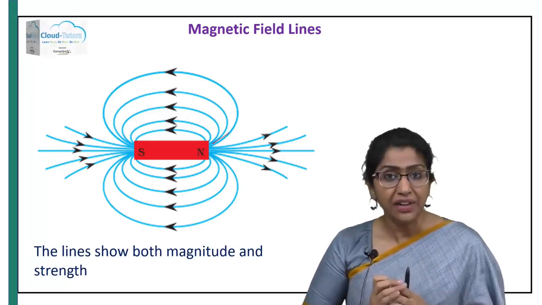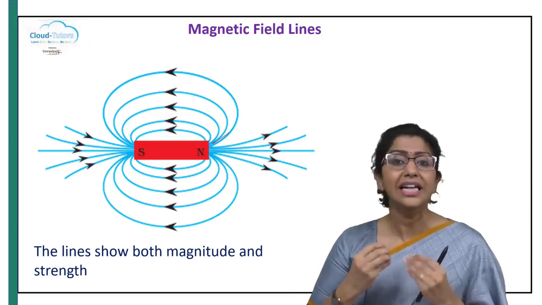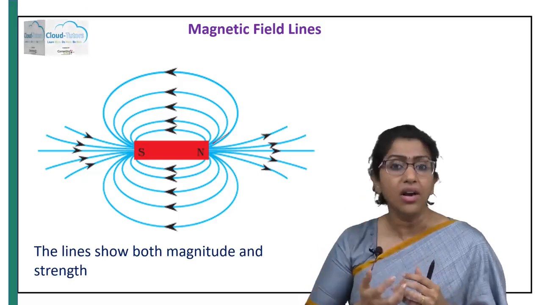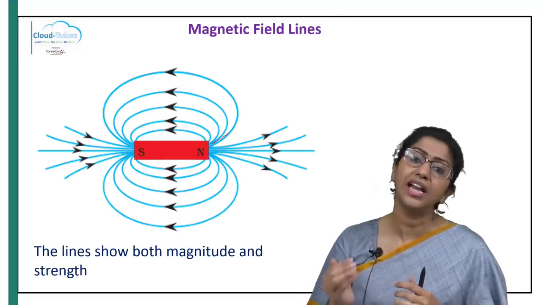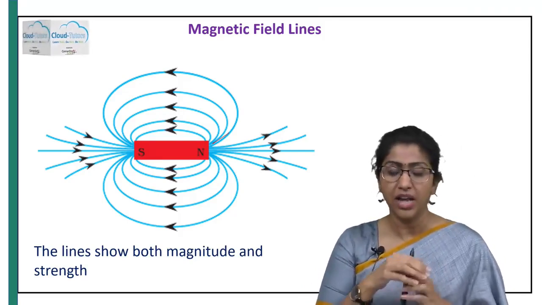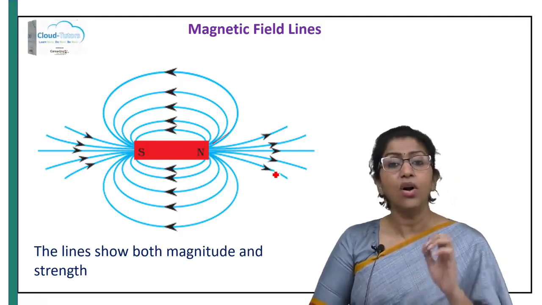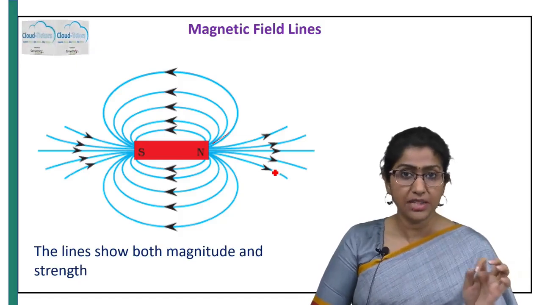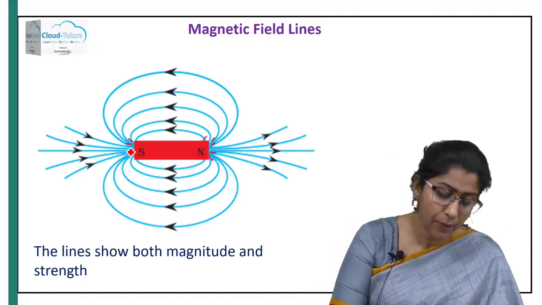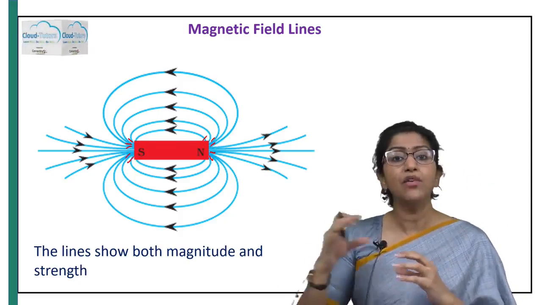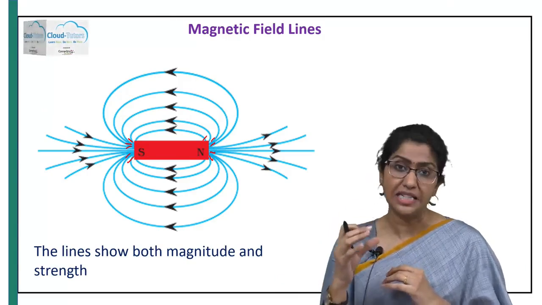Magnetic field lines are very important indicators of how strong the magnetic field around a given magnet is, and from what direction it goes to what direction. As you can see here, a given magnetic field line always goes from north pole to the south pole, and it is strongest at the poles. So the denser the number of magnetic lines at a given spot, the higher the magnetic field strength.